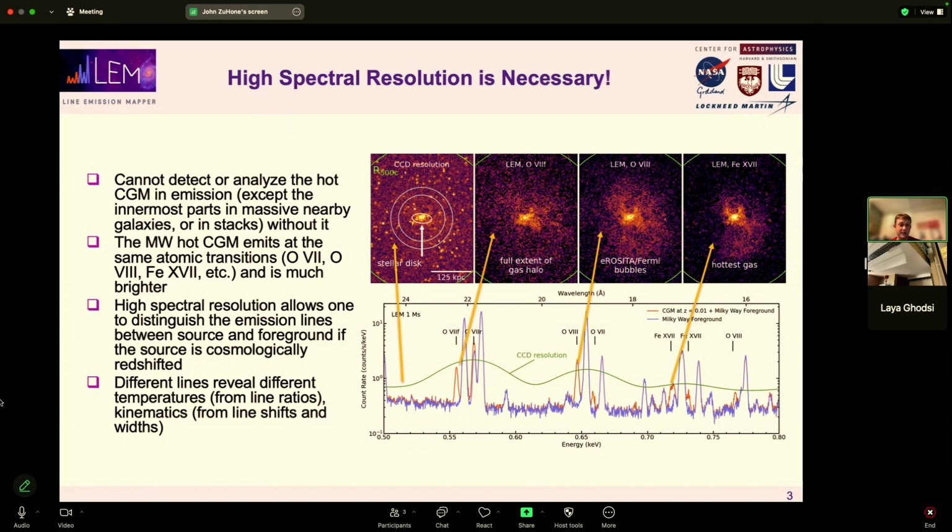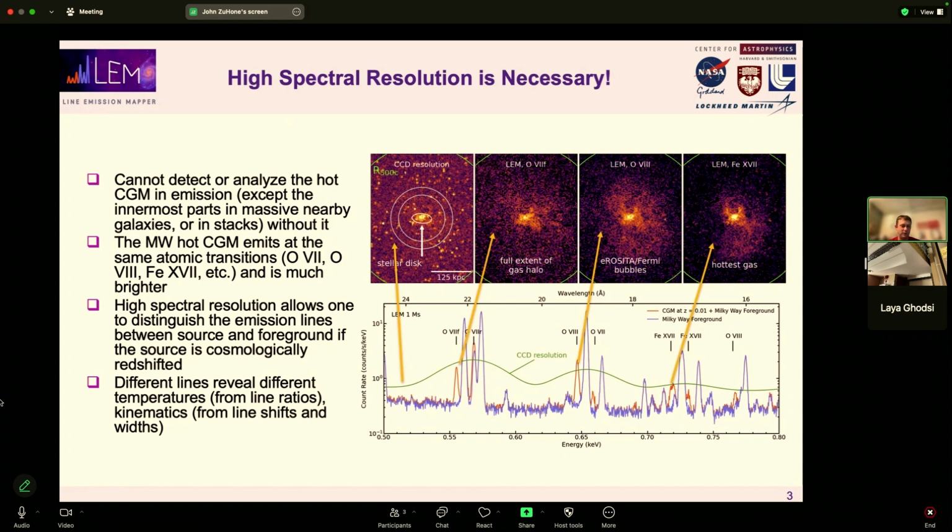So we cannot detect or analyze the hot CGM in emission, except maybe the innermost parts of massive nearby galaxies, or in stacks, as we've recently seen with eROSITA, without high spectral resolution. And the reason, of course, is that we live in a massive enough galaxy to have its own X-ray emitting CGM. And for galaxies that are nearby enough to have a close, detailed look at their structure, the emission lines from those galaxies are simply overwhelmed by the Milky Way CGM lines at CCD resolution.